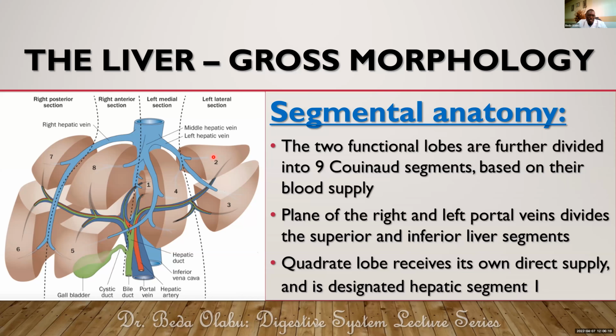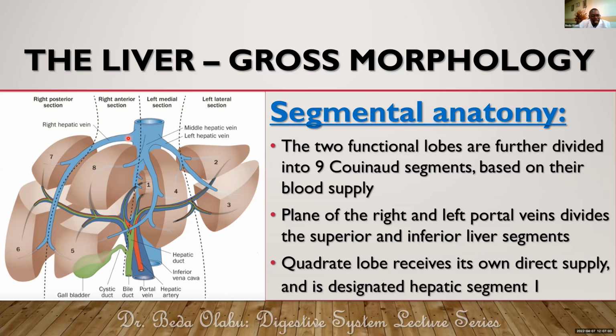Segment 2 of the liver. Okay, before I go to segment 2, let me put it this way. After we've divided the liver into right and left functional lobes, look at the plane of the hepatic veins. The middle hepatic vein is there, which divides the liver into right and left physiological lobes.